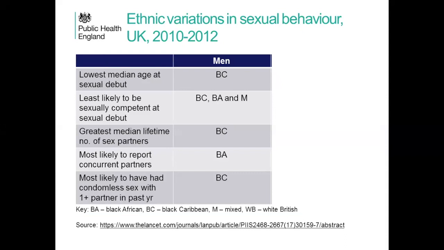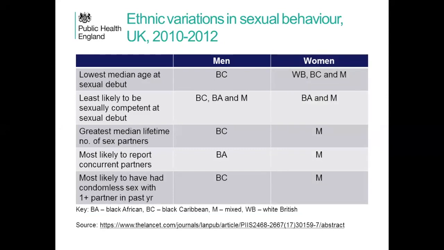And they're also most likely to have had condomless sex with more than one partner in the last year. Black African ethnicity men and mixed background men are least likely to be sexually competent at sexual debut. And Black African ethnic men are also more likely to report concurrent partners.